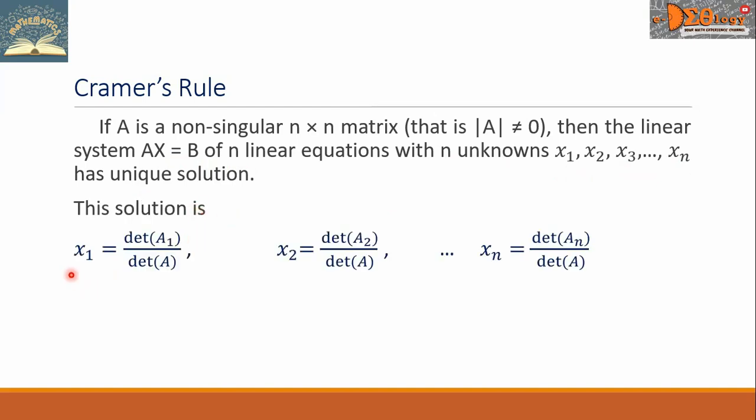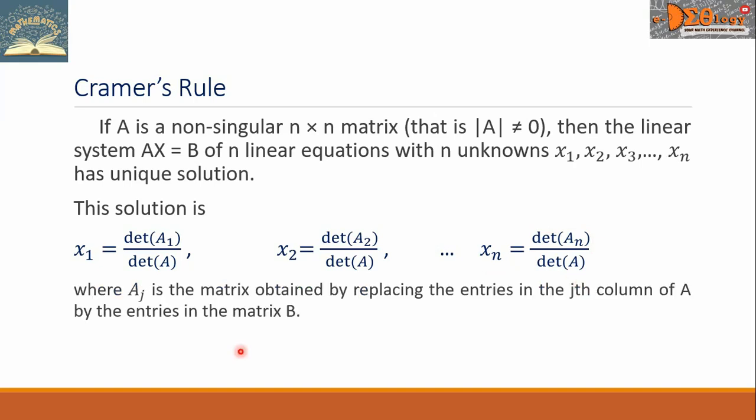The solution is x sub 1 equals determinant of A sub 1 over determinant of A. X sub 2 equals determinant of A sub 2 over determinant of A. Up to x sub n is equal to determinant of A sub n all over determinant of A, where A sub j is the matrix obtained by replacing the entries in the jth column of A by the entries in the matrix B, or the matrix of constants.